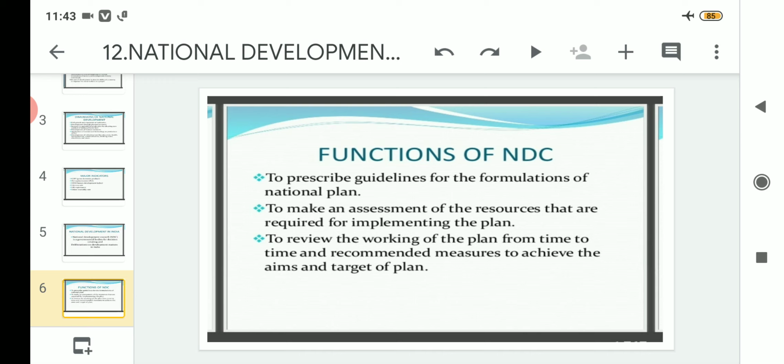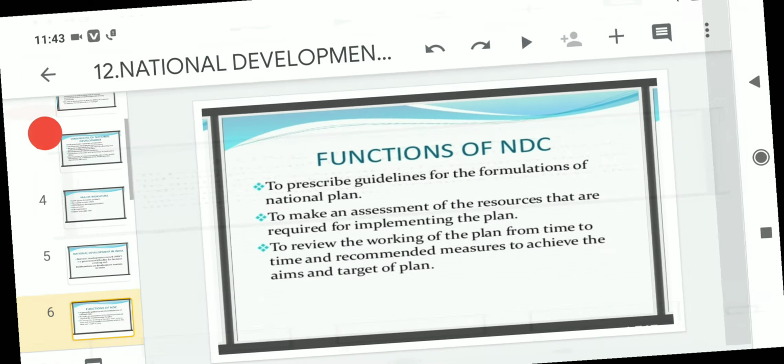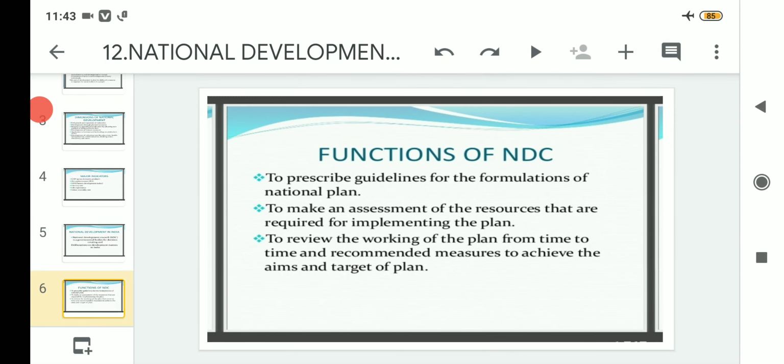To start anything, a strong guideline is needed, and they will prescribe those guidelines for the formulation of the national plan. After preparing the guidelines, they will prescribe them at the national level. That means the guidelines will be applicable to all the states and all the individuals of our country.